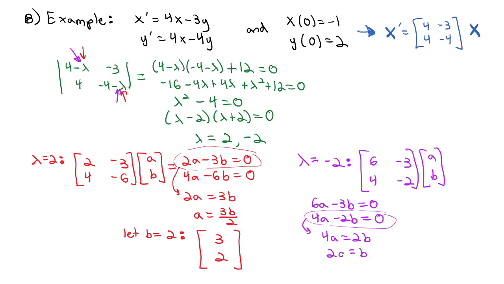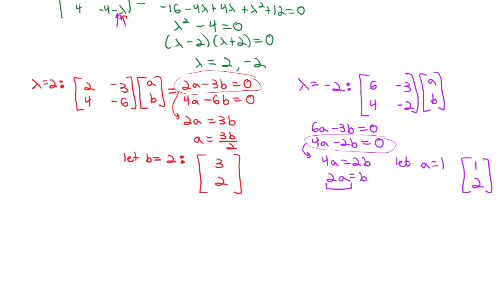So b is equal to 2a. I can pick any value for either of the letters, so I'll pick the more complicated looking side. We'll let a equal 1, and 2 times a is b, which gives me 2 for b. And my eigenvector is 1, 2.